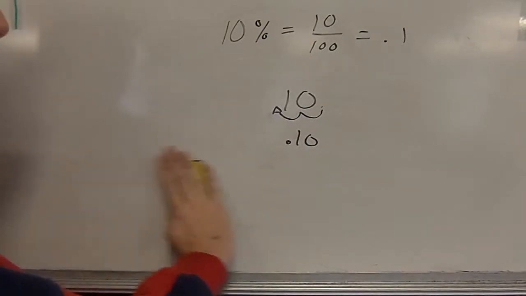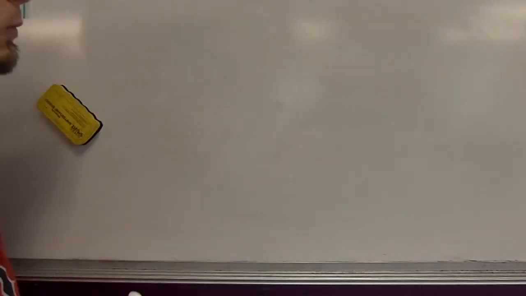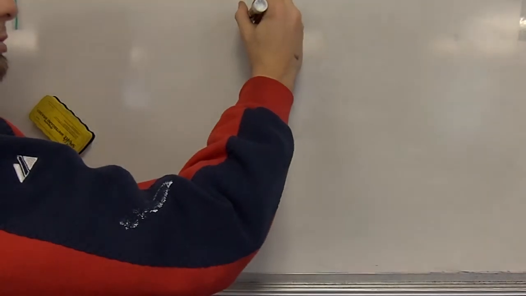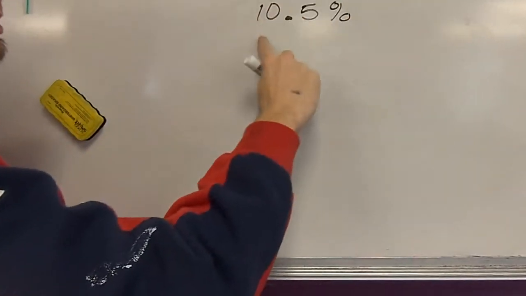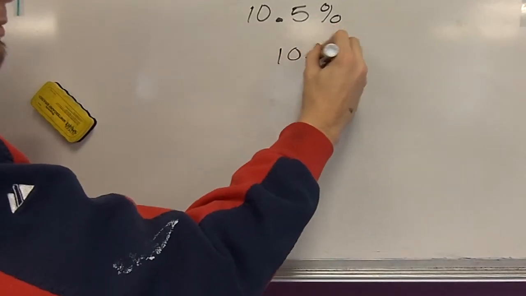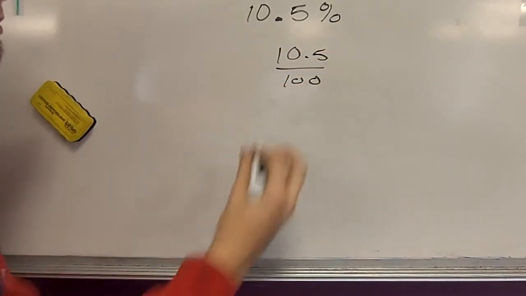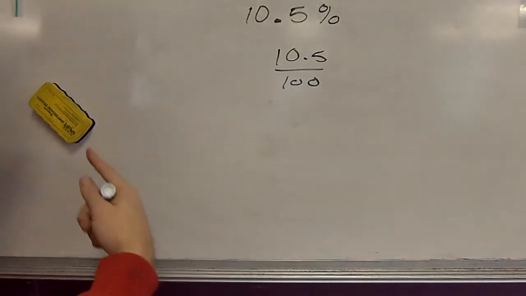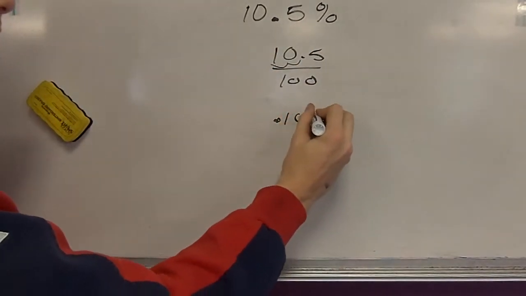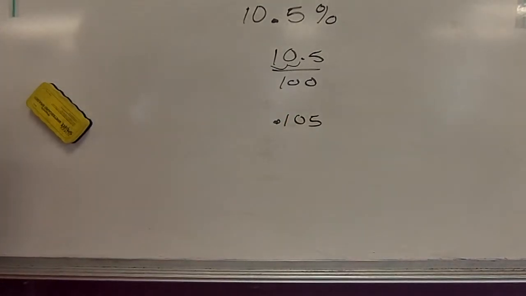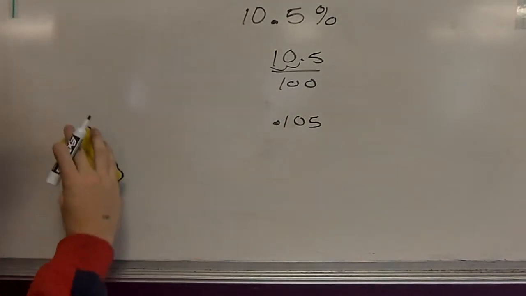Okay, let's take a look at a couple more examples. If we have 10.5%, this means 10.5 divided by 100. So if we're dividing by 100, move the decimal left 2 spaces. 1, 2, we get 0.105 for 10.5%. Okay, let's do another example.